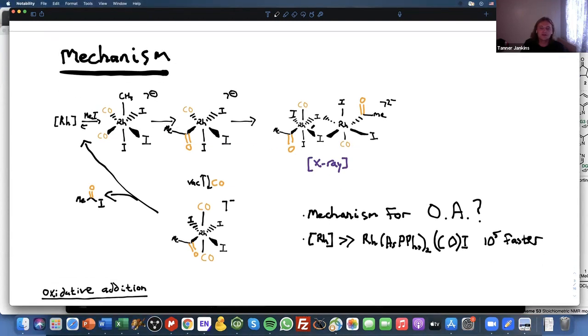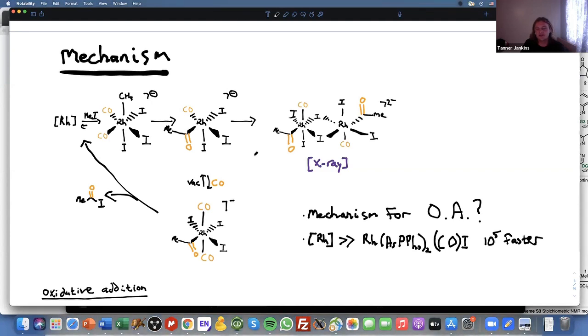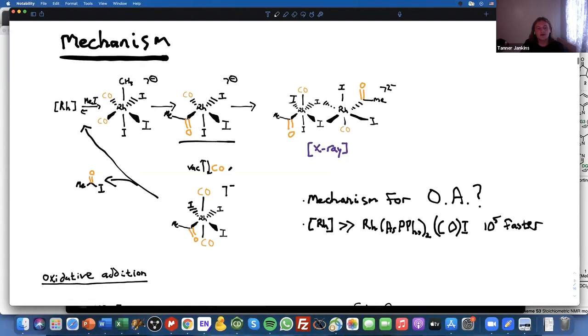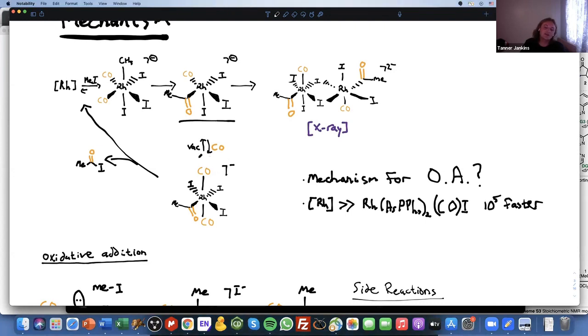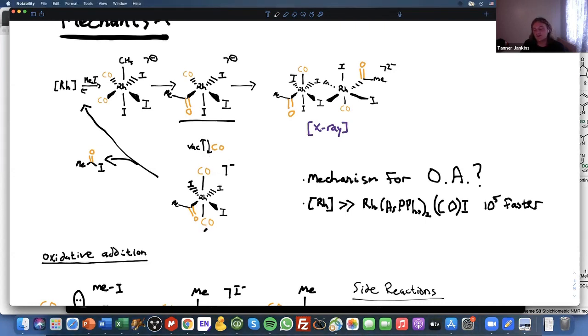And so although this top line here is not done under catalytically relevant conditions, as there's no CO or water, if you add CO to the acyl complex here, you can promote coordination of the carbon monoxide to form the catalytically proposed intermediate, and at low enough temperature, this indeed can be detected by NMR.